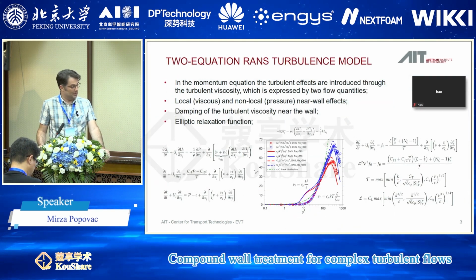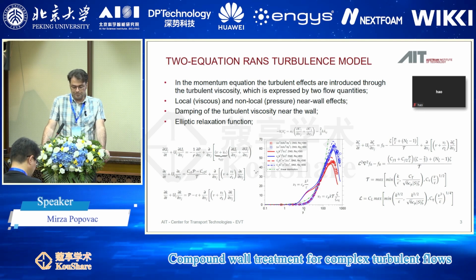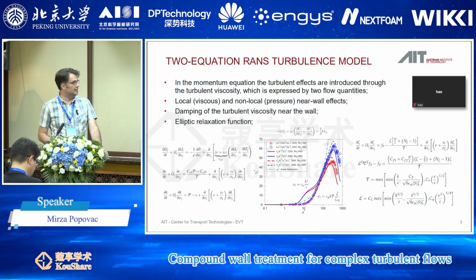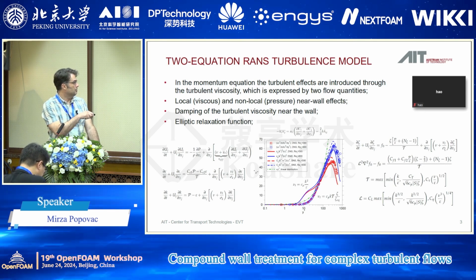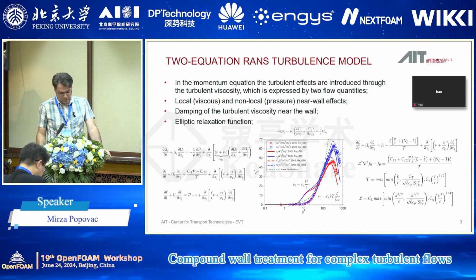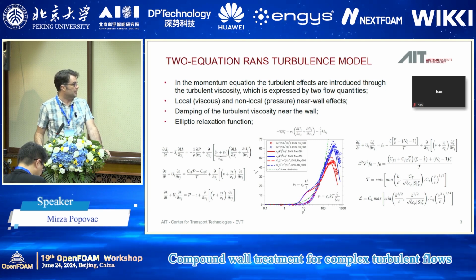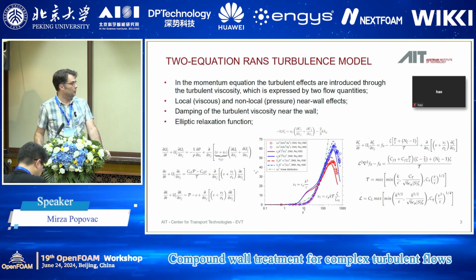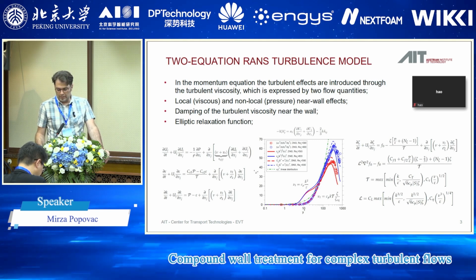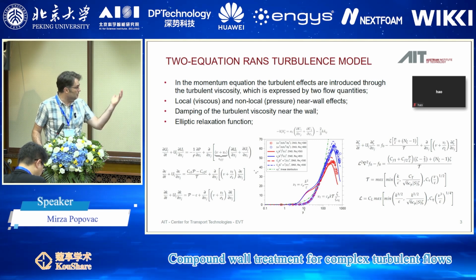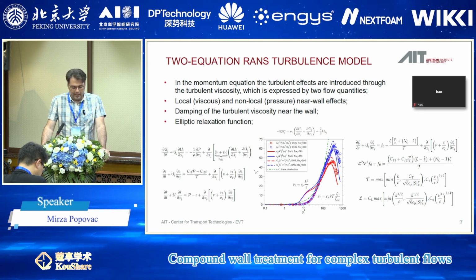The story goes something like this. So in the two-equation eddy viscosity approach, one models the turbulent stresses. The turbulent stress is modeled through eddy viscosity, which is a function of flow variables, which means one needs to solve equations, two equations in this case, to define this eddy viscosity.